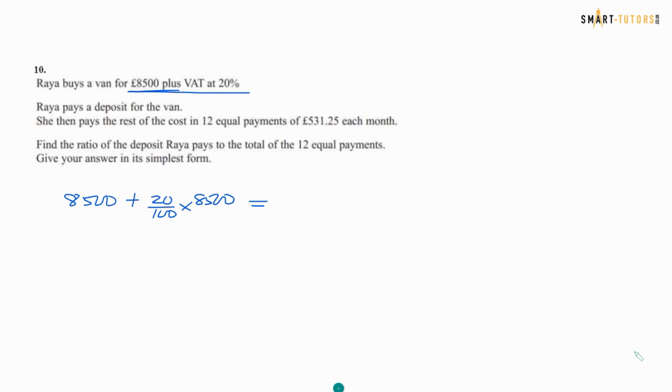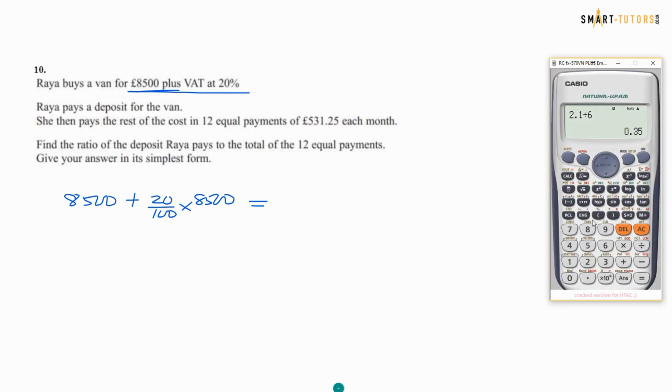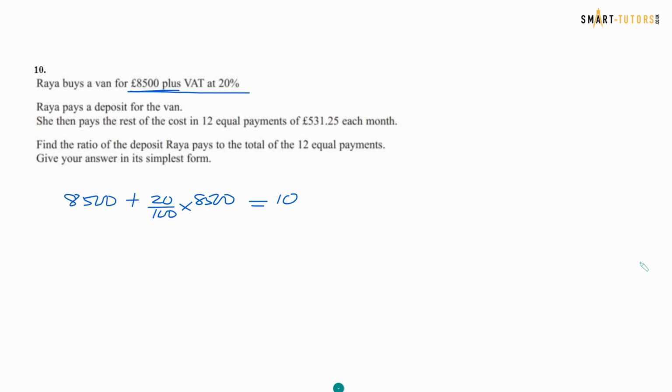In the calculator you can add them up. So basically 8,500 divide by 100 is 85, times by 20 is 1,700, plus 8,500. So that is 10,200, the actual price of the van.